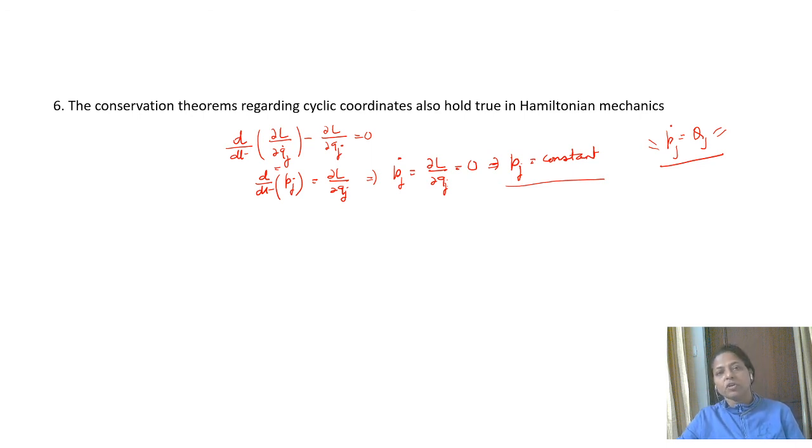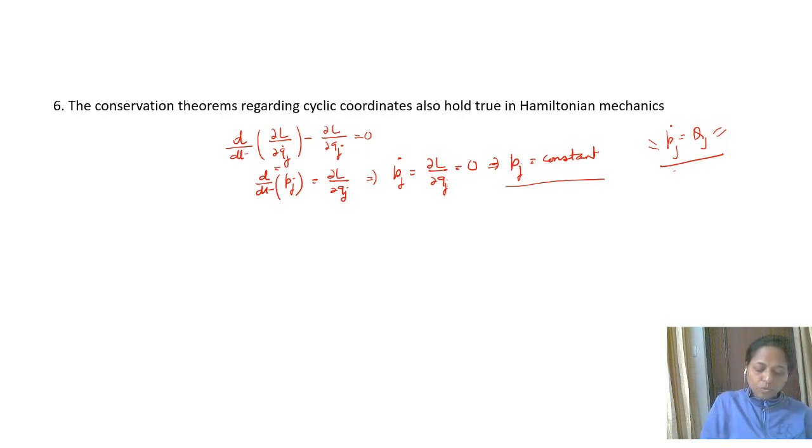And in case of rotation, it was representing the rate of change of angular momentum, and this was representing the forces about the axis of rotation. And then we proved that the conservation theorems were true. That means the angular momentum was conserved for rotation corresponding to a cyclic coordinate, and linear momentum was conserved corresponding to translation in the direction of the cyclic coordinate.